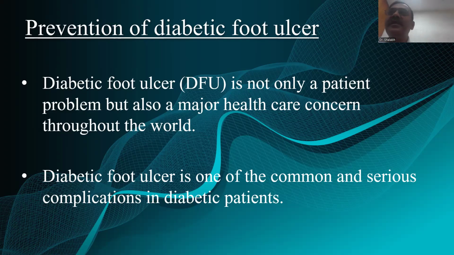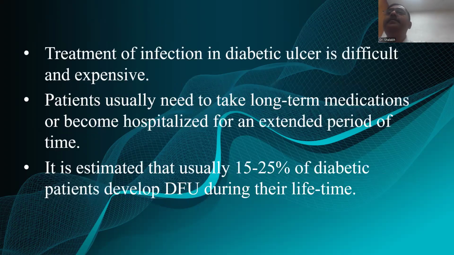The foot is rarely, if ever, discussed. Treatment of diabetic ulcers is very difficult, prolonged, and expensive. Long-term medication is required, with frequent hospitalizations, and eventually it culminates in amputations. It's easier to prevent a diabetic foot than to treat one.